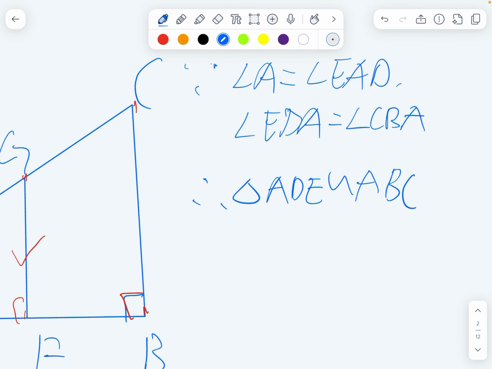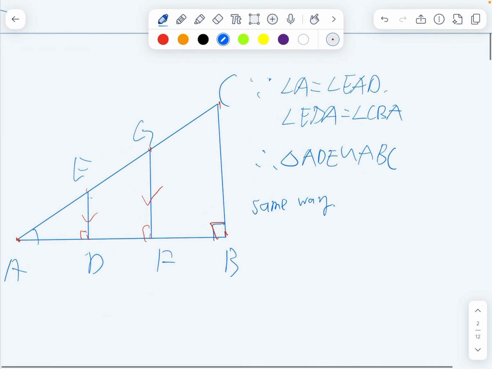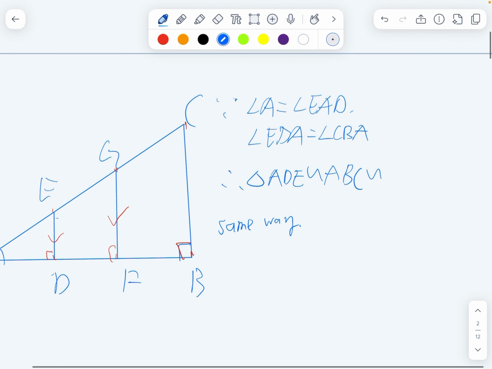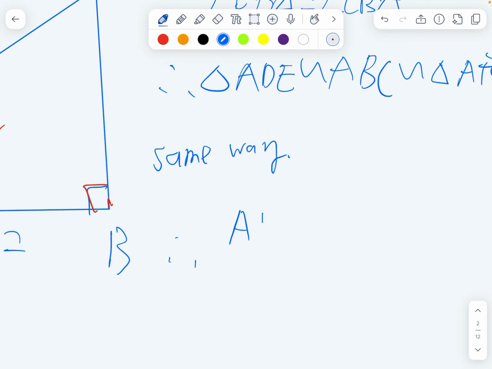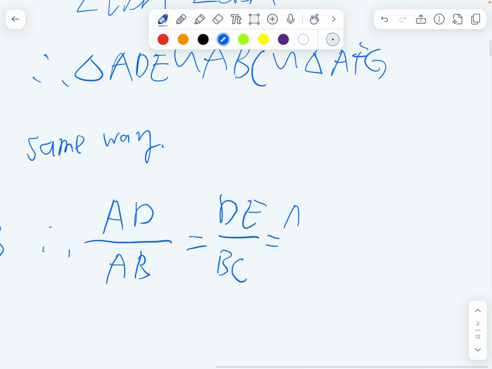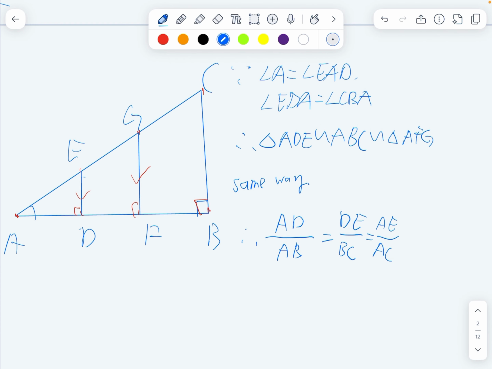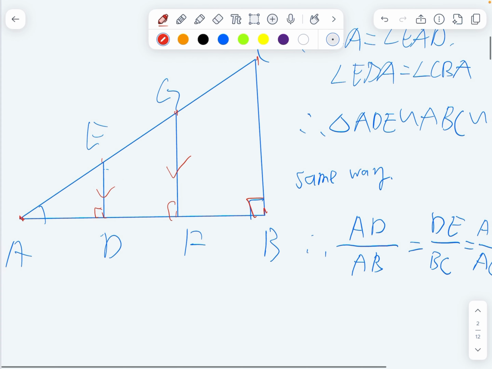And in the same way we can also get triangle AFG similar. So we can get the two pairs, like AD over AB equal to DE over BC.